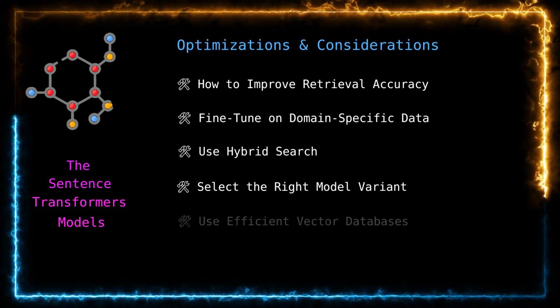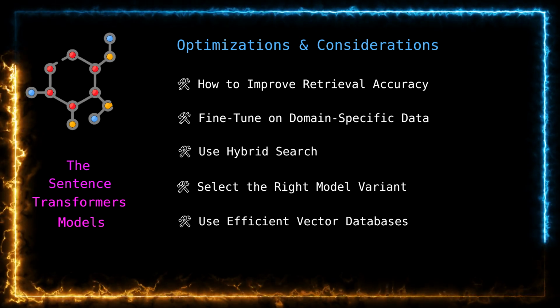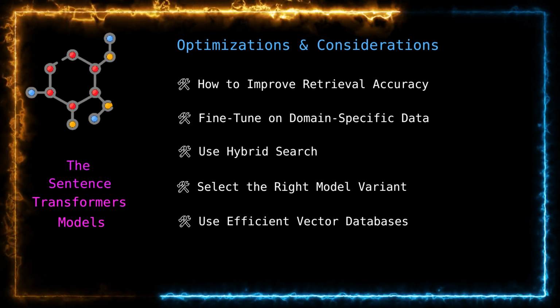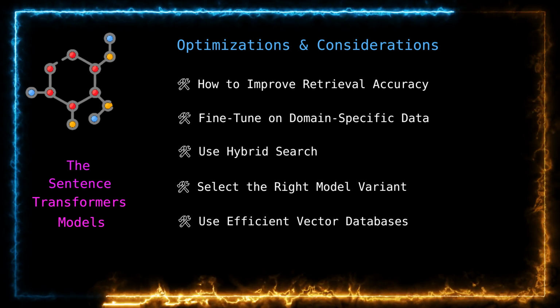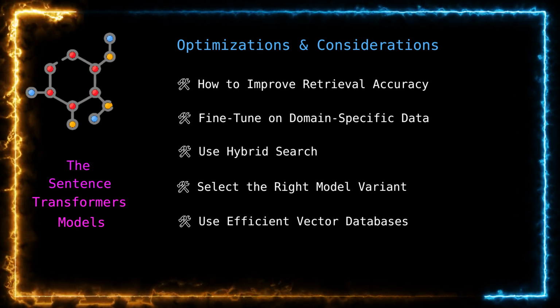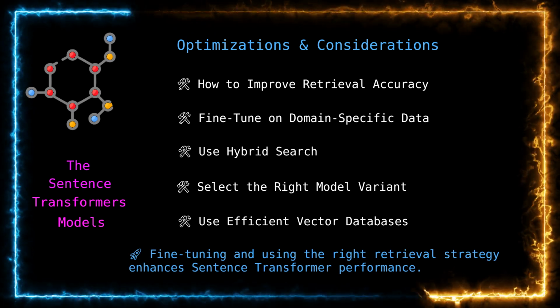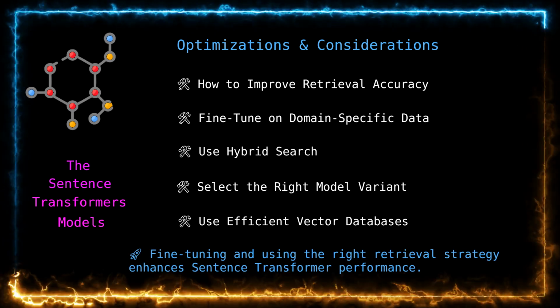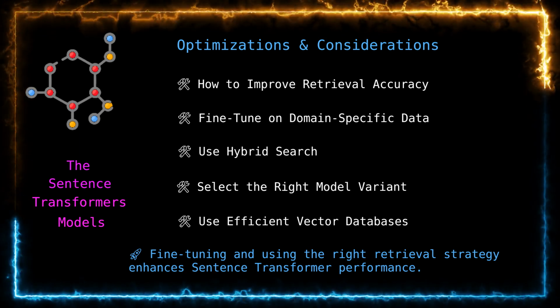Next, use efficient vector databases. To store and retrieve sentence embeddings efficiently, leverage tools like Weaviate, Pinecone, Qdrant, or Faiss for fast similarity searches. Fine-tuning your model and using the right retrieval strategy can significantly enhance the performance of sentence transformers.